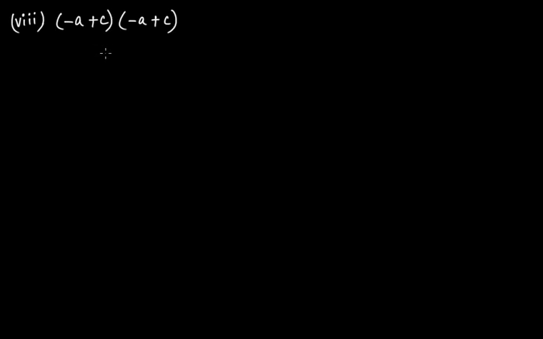This is minus a plus c, and this is minus a plus c. So basically this can be written as minus a plus c whole squared. These two binomials are exactly the same, so this is a whole square.